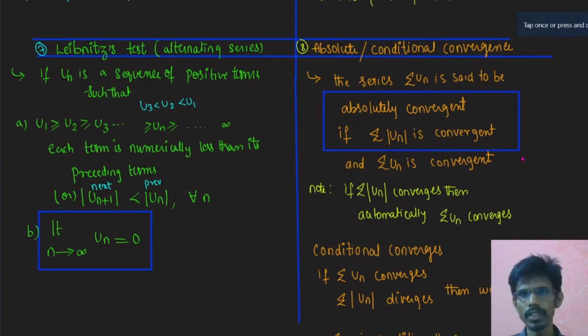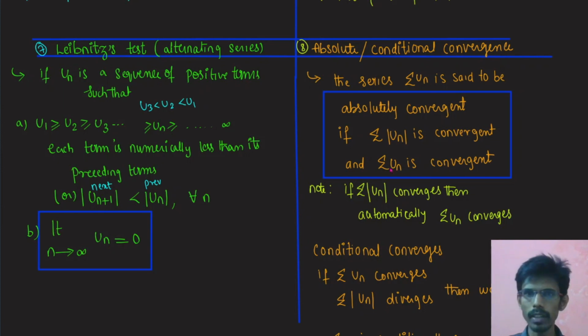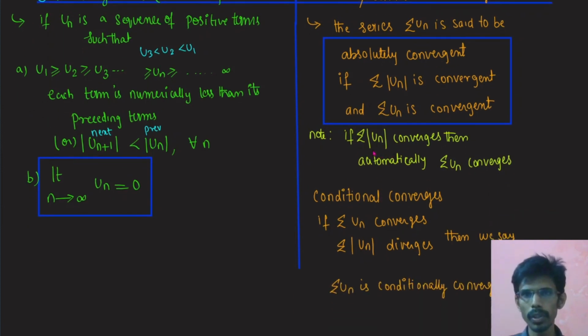One important note is, if sigma mod un converges, then automatically sigma un converges. The reverse is not true, but this is true. If sigma mod un converges, then automatically sigma un converges, that is absolute convergence.